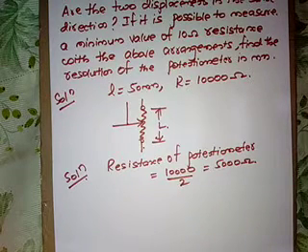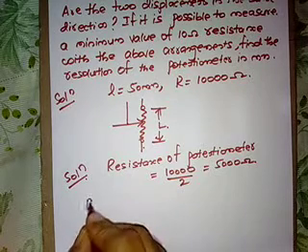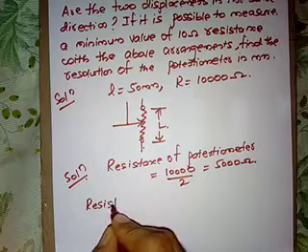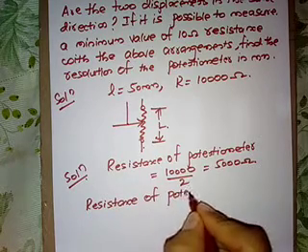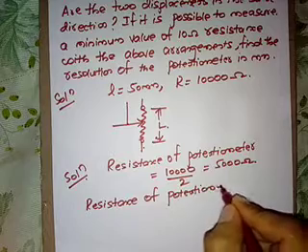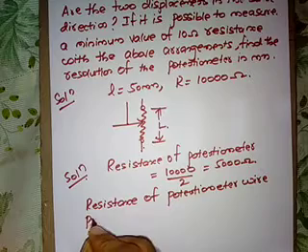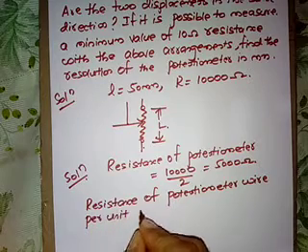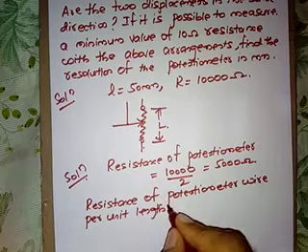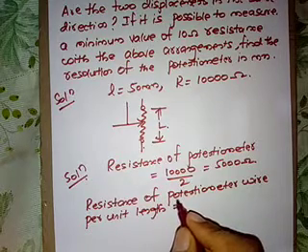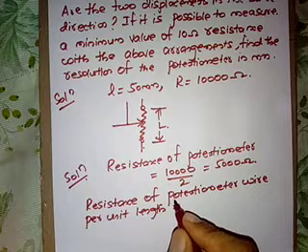Next, resistance of the potentiometer wire per unit length. For 50 millimeter it is 10,000 ohm.